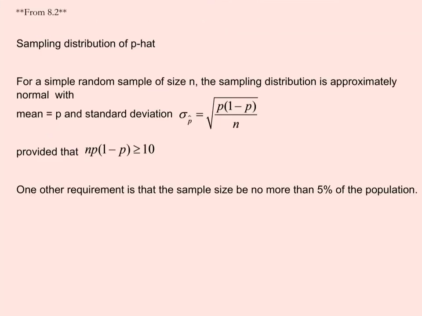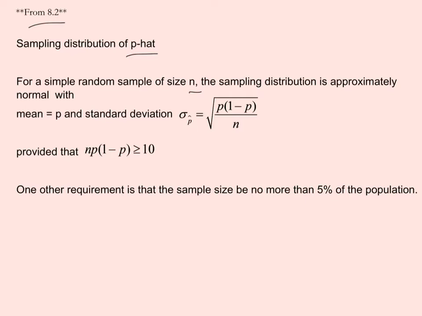Okay, and here we get a refresher from section 8.2. So this is not new information, but it is something that we saw in the last section. We have the sampling distribution of p hat. How do we create that distribution? Well, if we have a random sample of size n, the distribution is approximately normal with a mean equal to p and a standard deviation equal to, well, we use our formula to compute the standard deviation, and it's normal provided that we have n times p times 1 minus p is greater than or equal to 10.